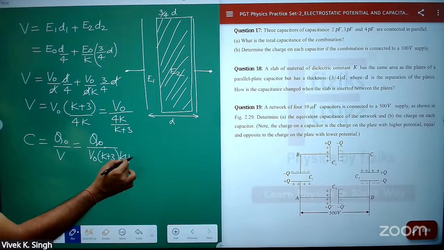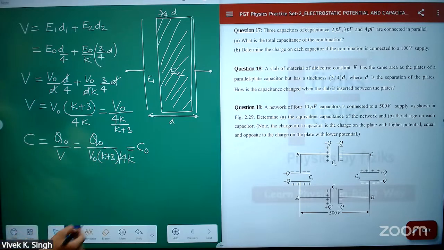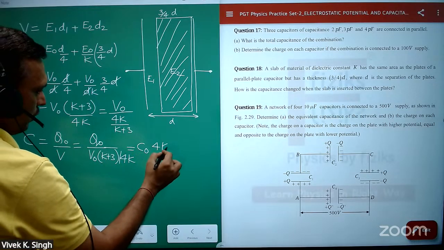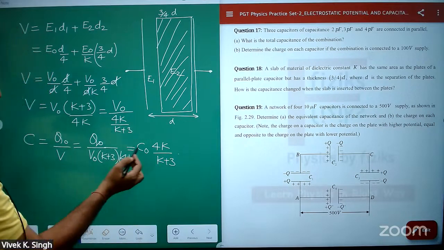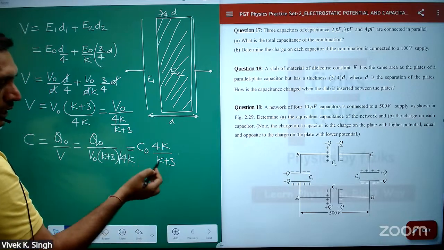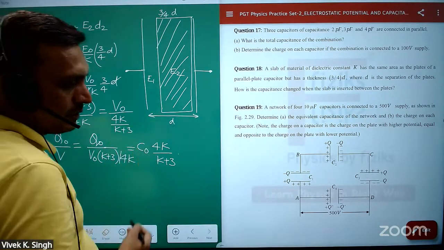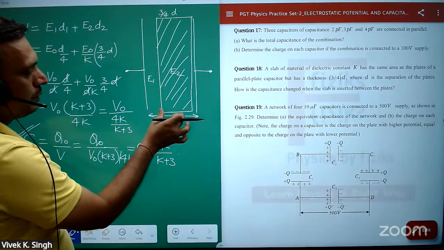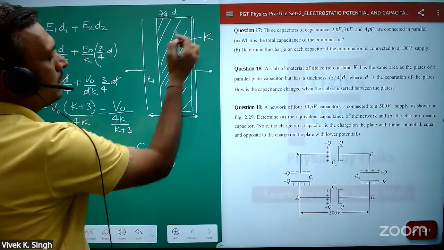Q naught by V naught is C naught, so the new capacitance is C naught times 4k by k plus 3. So it will increase by the factor 4k by k plus 3. This is the new capacitance if you insert a dielectric of thickness 3 by 4 D and dielectric constant K.